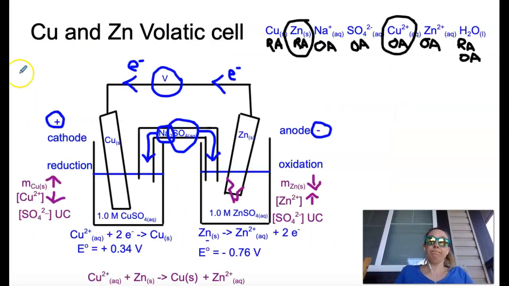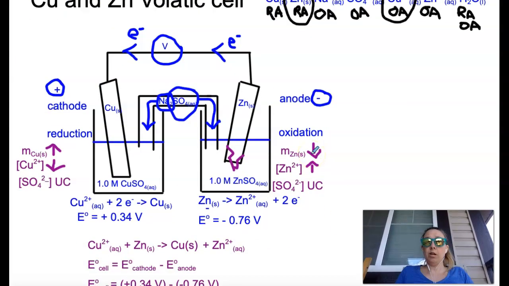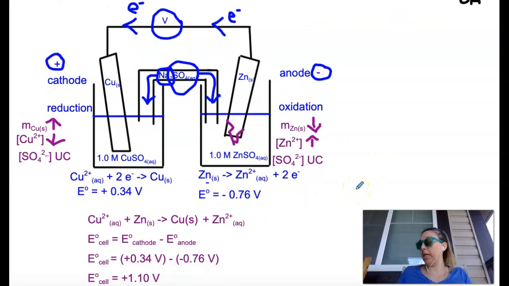So voltaic cell questions are quite a bit of work, which is also why they're usually worth a lot of marks. If we were actually in class writing a unit test or a quiz, or doing some of our voltaic cell labs, these questions are usually anywhere between 12 and 13 marks, just because of how much work you have to do.